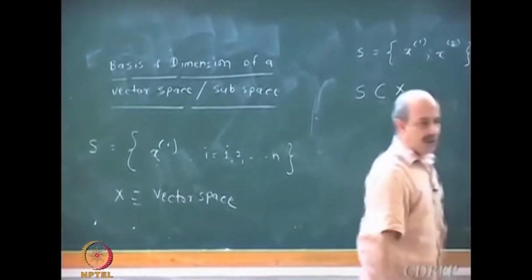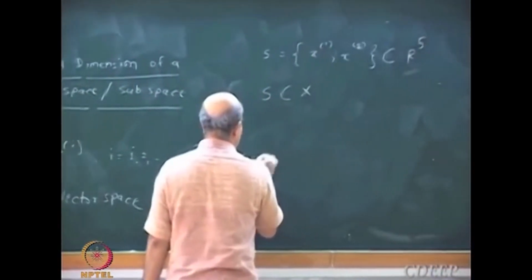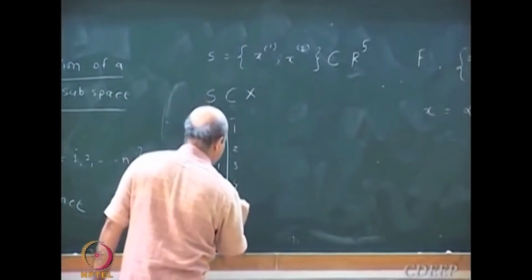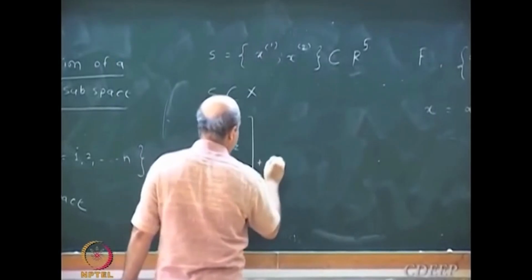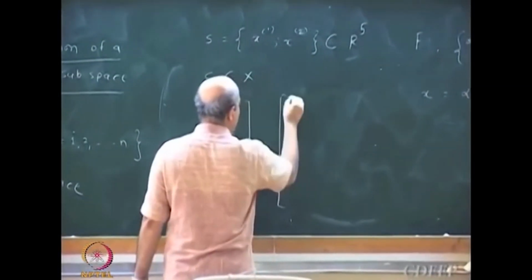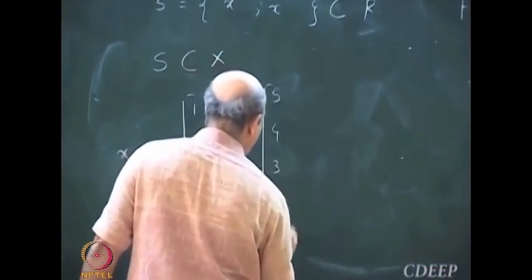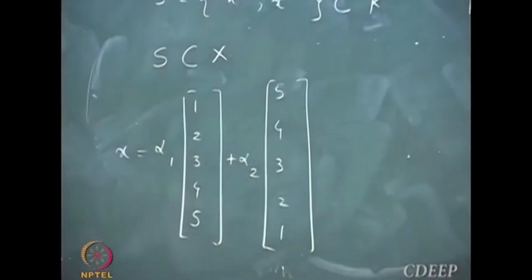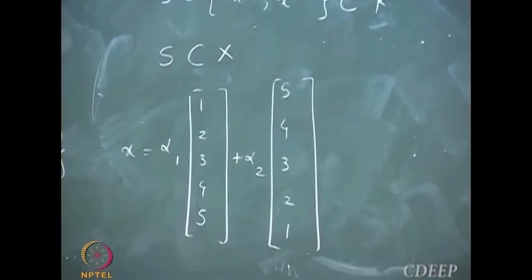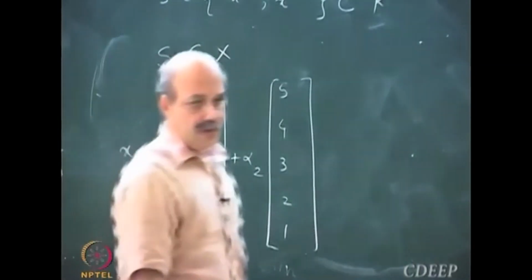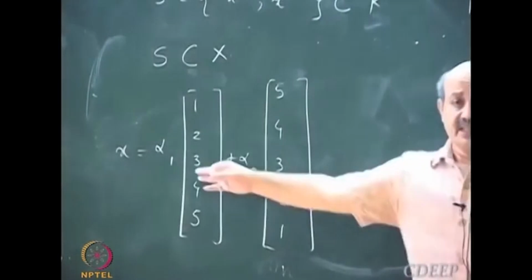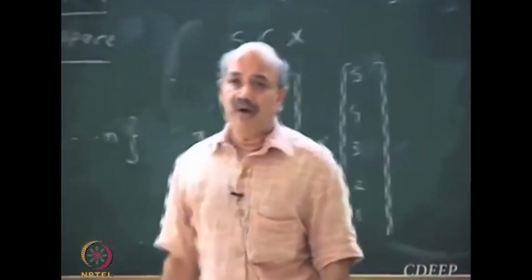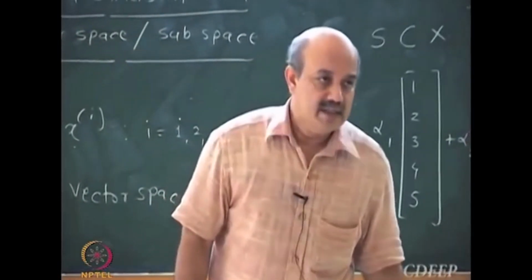I can talk about a new vector x, which is alpha 1 times (1, 2, 3, 4, 5) and alpha 2 times (5, 4, 3, 2, 1), when alpha 1 and alpha 2 are any two arbitrary scalars drawn from R. This is a linear combination. And then we said that we have this notion of span of a set.